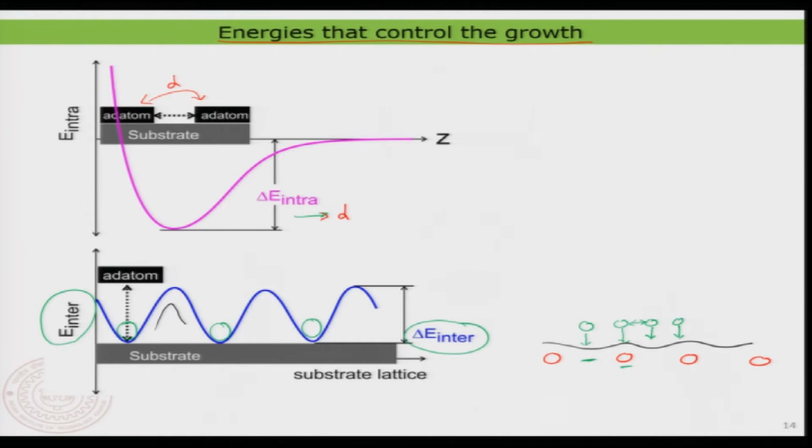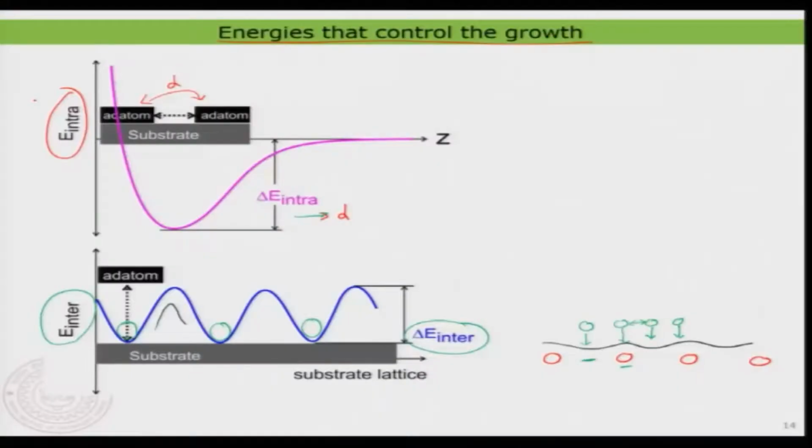Now, you see the add-atom and add-atom are interacting. The intra interaction, which I am calling E intra just to distinguish it, between the add-atoms is also described by some kind of potential energy diagram, where the minimum represents the most stable distance between the two adsorbate atoms.